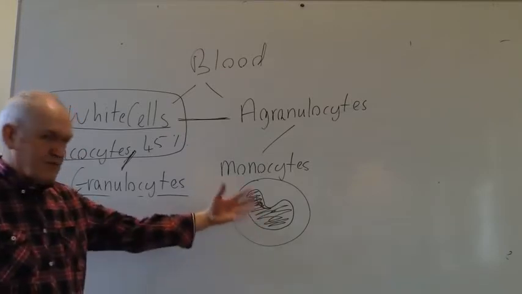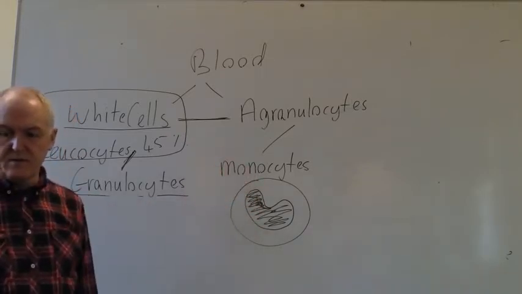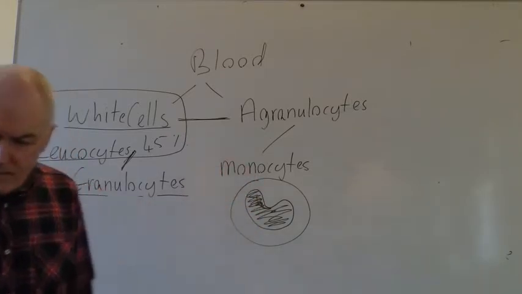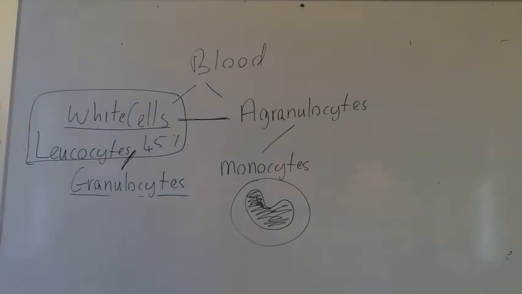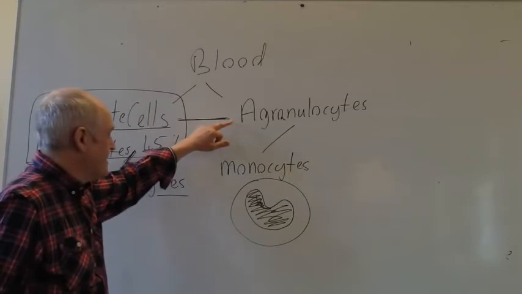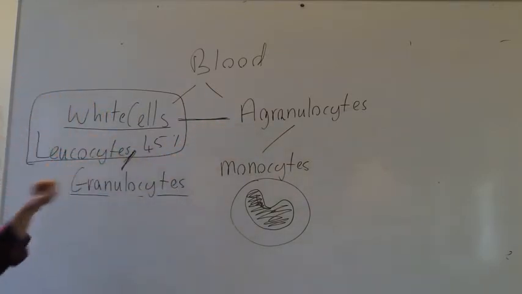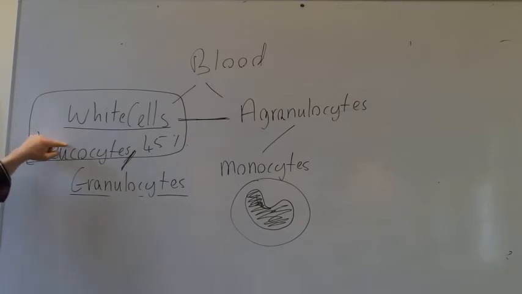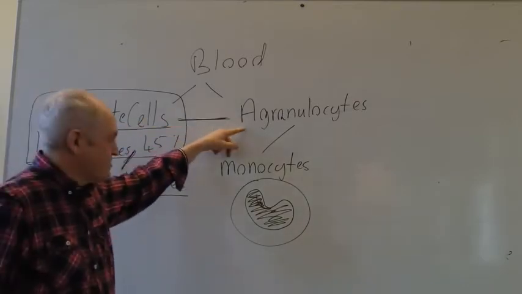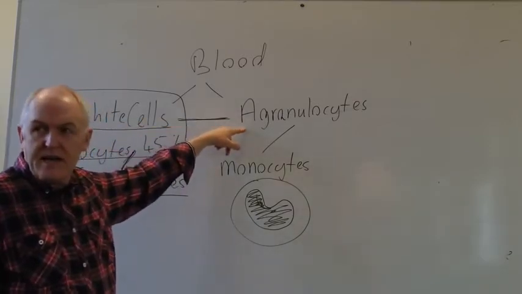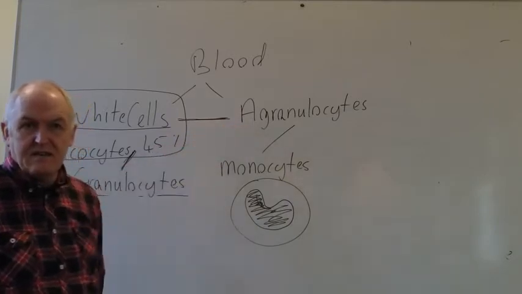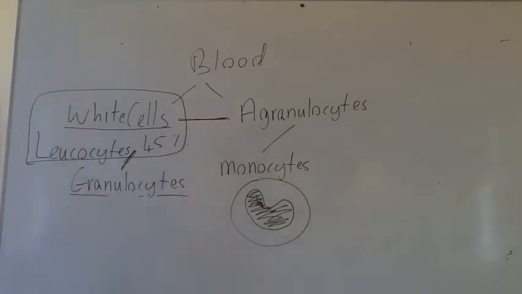With an electron microscope, you do. They do actually have granules, but we'll keep it quiet. So the monocytes, agranulocytic leukocytes. They're white cells, therefore they're leukocytes, but they don't have obvious granules with a light microscope, so they're agranulocytic leukocytes. White cells without obvious granules.